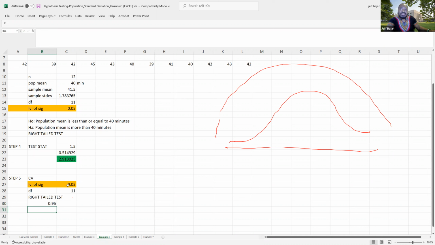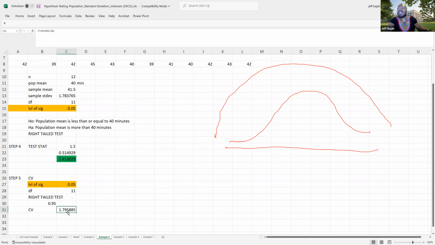Remember, 0.05 is going to be on the left side, but this is a right-tailed test, so we have to look at it from the point of view of a right-tailed test. All right, so now to find our critical value, we do our T.INV and we'll put our 0.95 and then our degrees of freedom, which is 11. And that gives us 1.78.